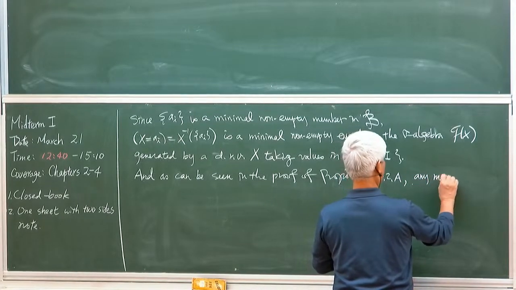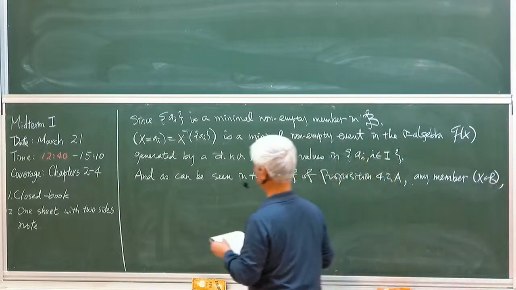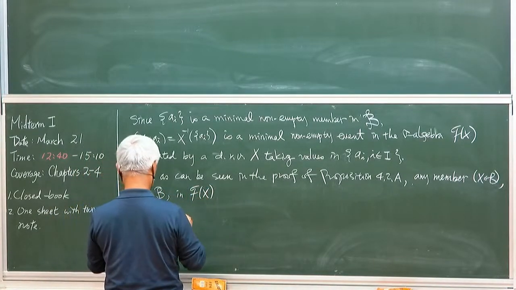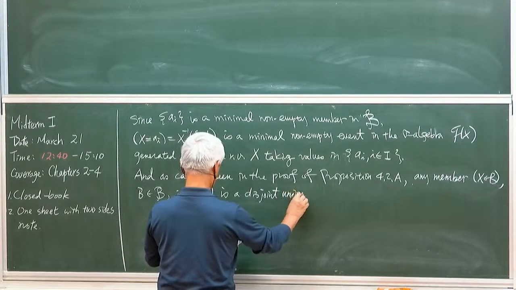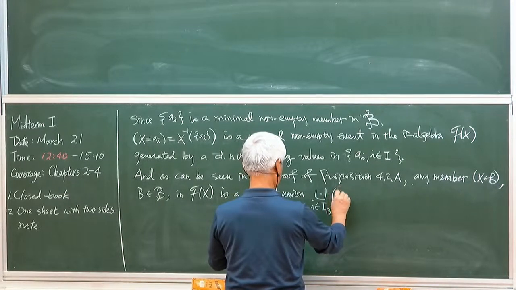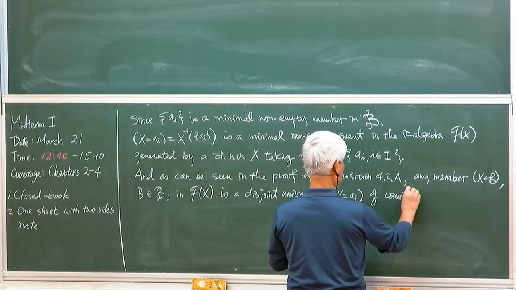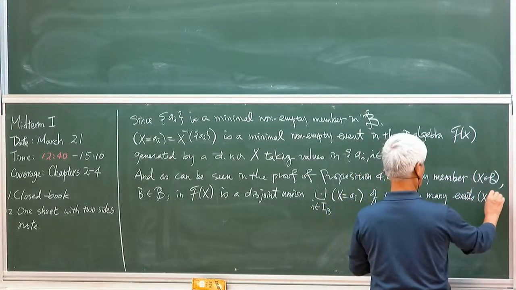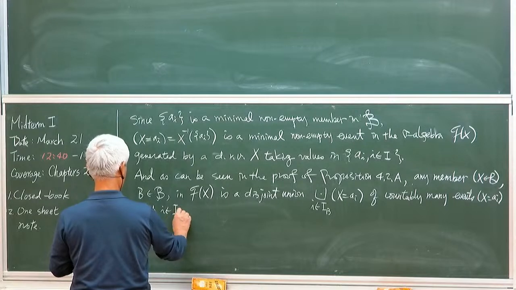Any member x_b in f of x is a disjoint union of countably many events, x equal to a_i, with i in I_b.